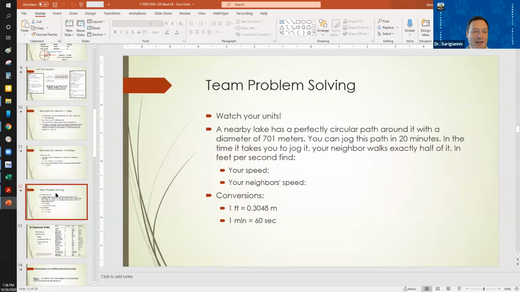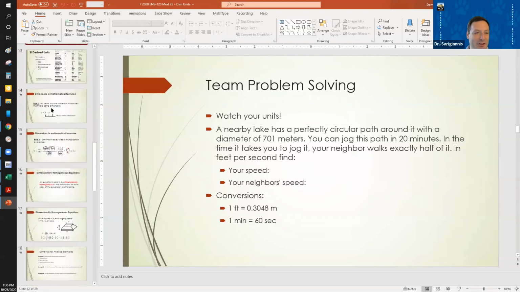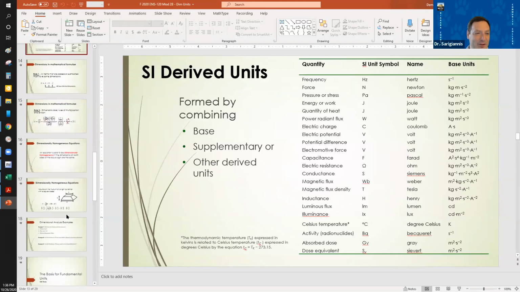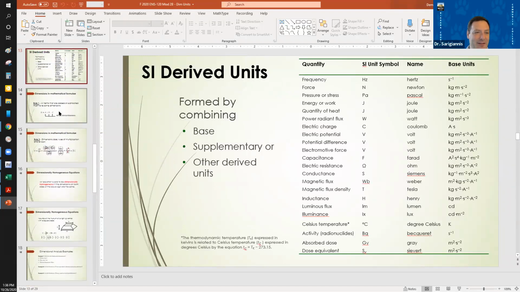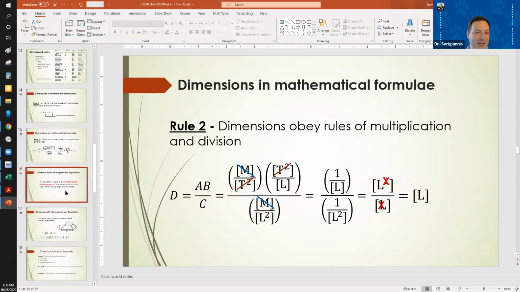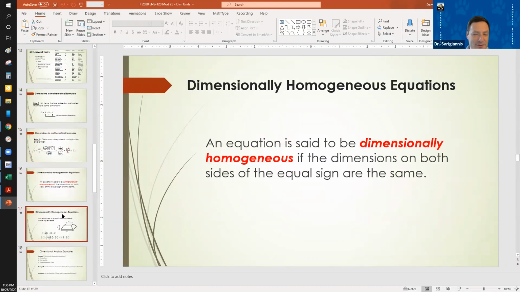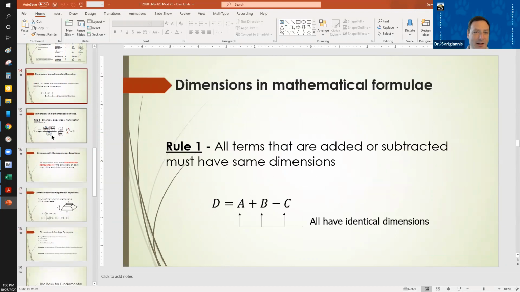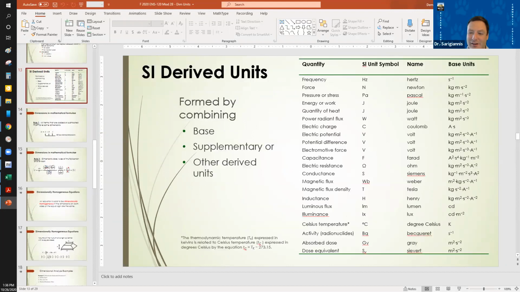Let me just see the number of slides I have. Yeah, I can make it through these. I think I talked about some of these already.